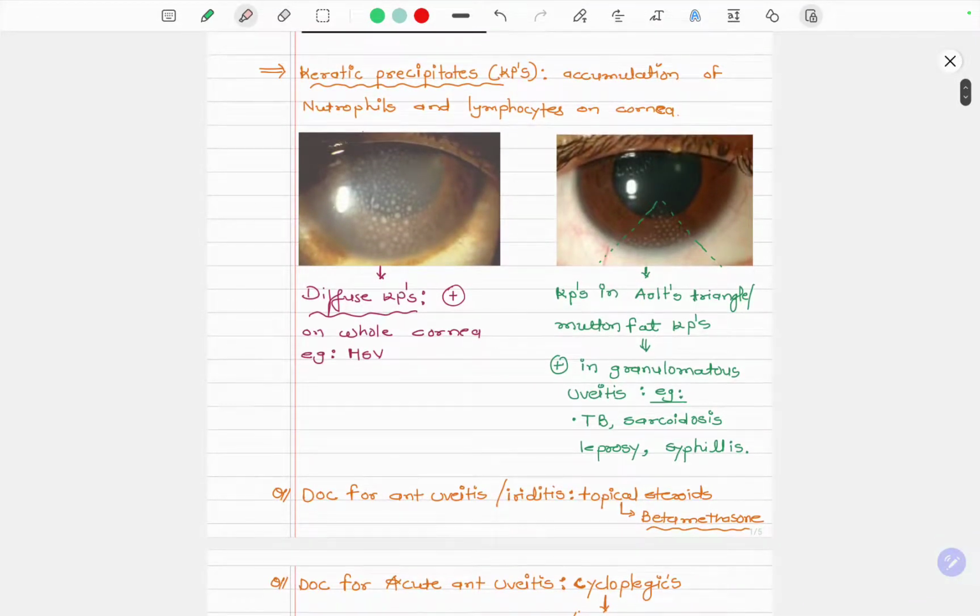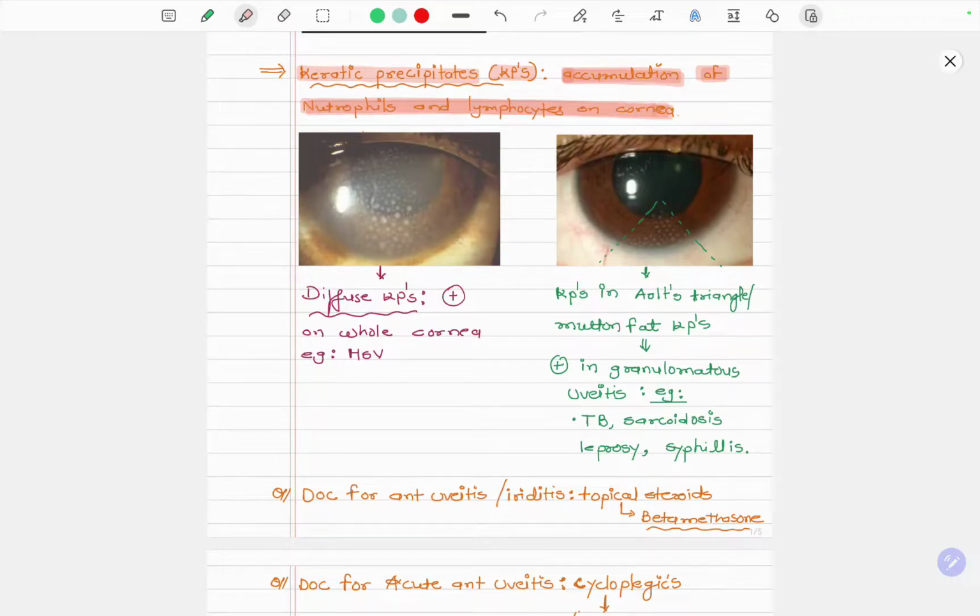Now the second image, spot diagnosis: keratic precipitates. Okay, KPs, keratic precipitates. What are these? This is accumulation of neutrophils and lymphocytes on the cornea.